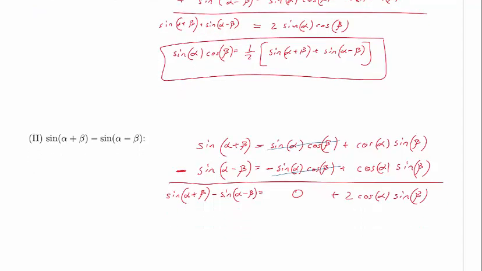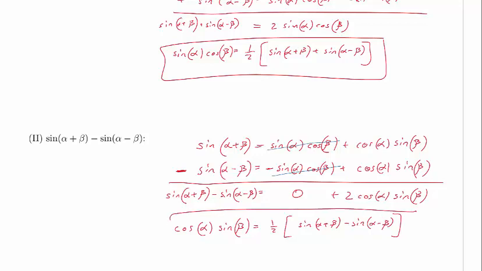And so we have cosine alpha times sine beta equals 1/2 sine alpha plus beta minus sine alpha minus beta. And that is our next formula. 2 down, and now we have 2 more to go.